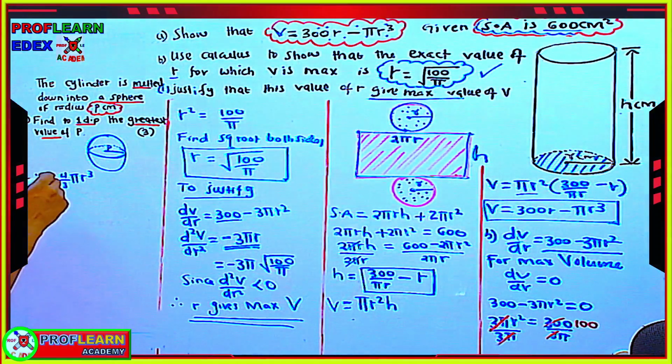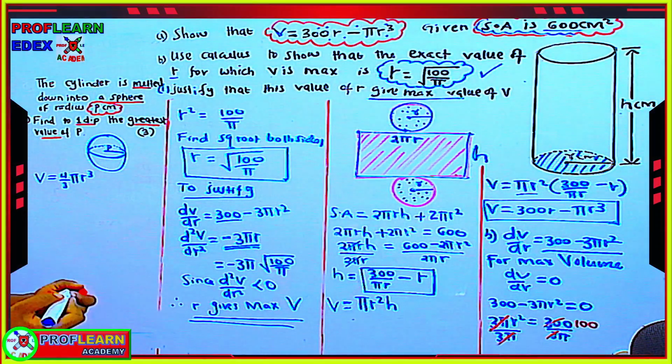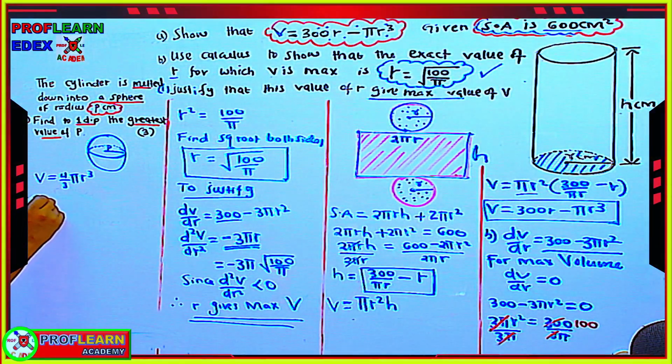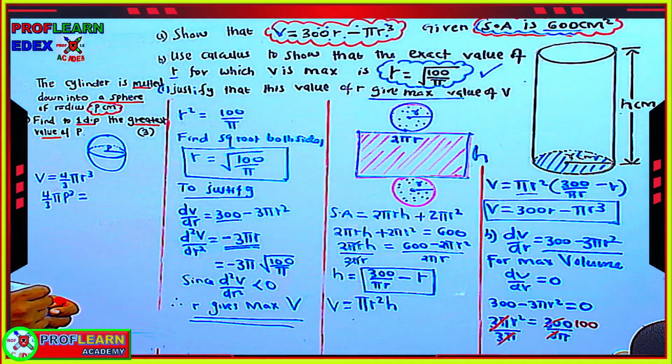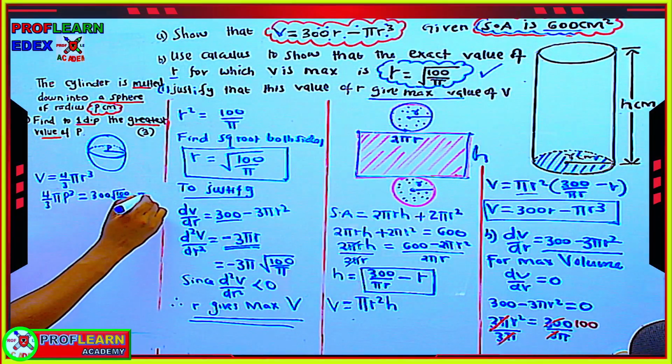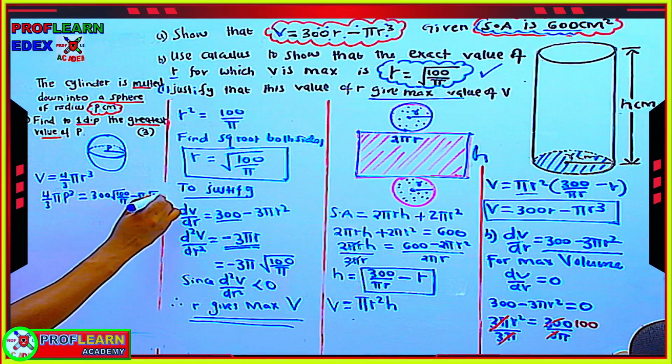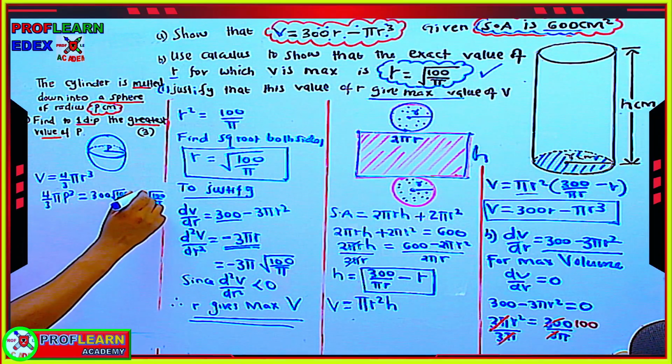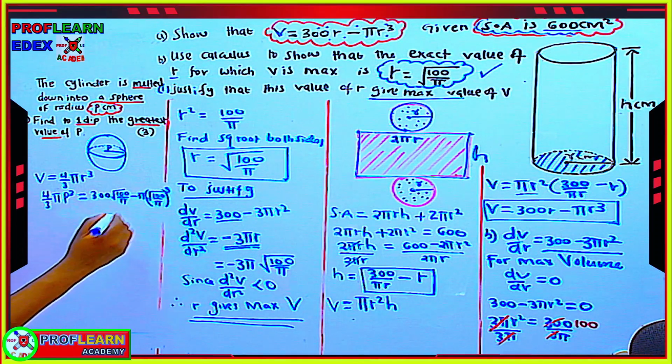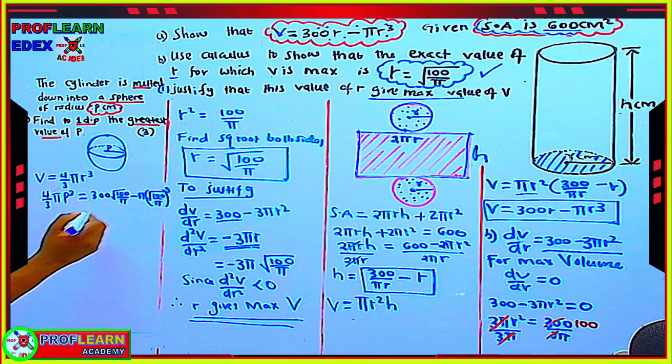So we are going to say the volume of the cylinder is equal to the volume of the sphere. So this is going to be 4 over 3 pi p cubed is equal to the volume of the cylinder, and the volume of this is 300r minus pi r cubed, in this case our r is the square root of 100 over pi, and this value is cubed. So in order to work this out, we are going to say 4 over 3 pi p cubed is equal to what?